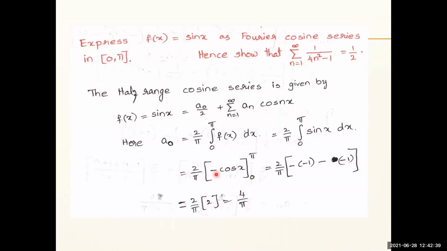As you can see here, while substituting the limits, 2 by pi is written as it is, and even here is a minus sign, that minus sign I have written as it is. When you substitute x equal to pi, it becomes cos pi, and the value of cos pi is minus 1. Correct? And this minus is for the lower limit. When you take x equal to 0, it is cos 0.